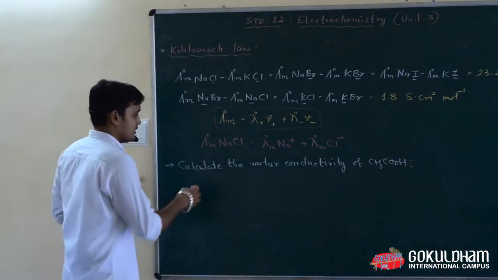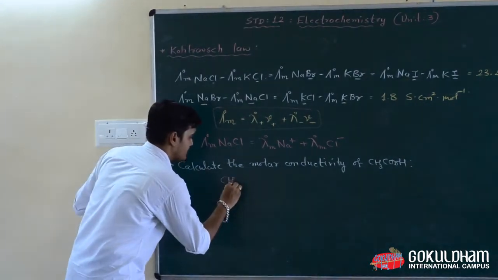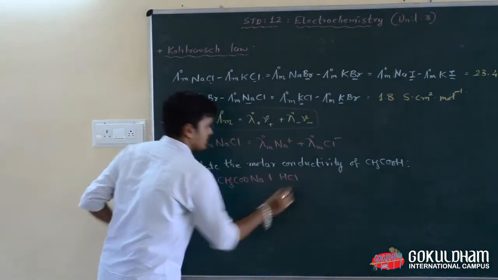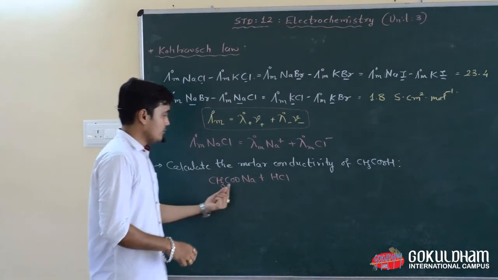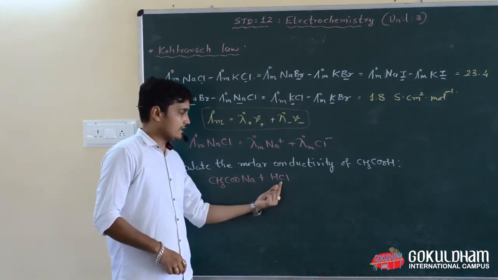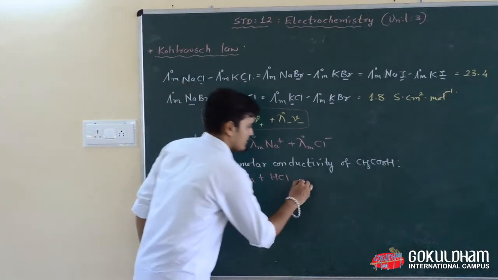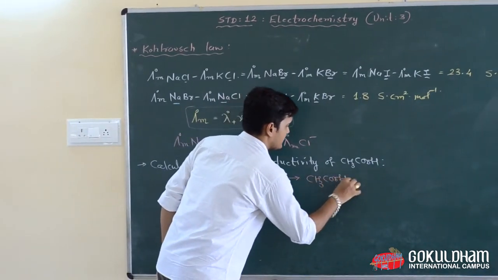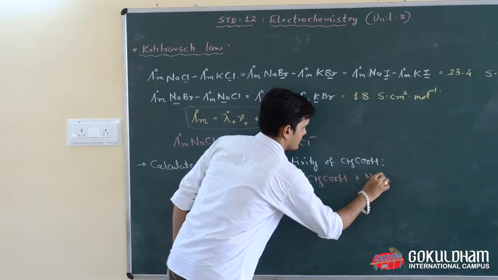The first reagent is sodium acetate and the other reagent is HCl. When you mix this sodium acetate with hydrochloric acid, you will get two products: CH3COOH and NaCl.